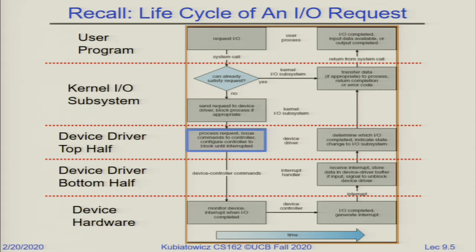So you put things to sleep in the top half. So now the process itself is asleep, but the device driver is issuing commands to the controller. It's going to call the strategy routine. And then the device takes over. And by the way, the device may take a long time, but because we've put the process to sleep, voila, other things are running. So hopefully you're overlapping that I.O.